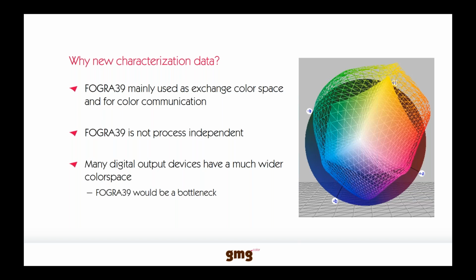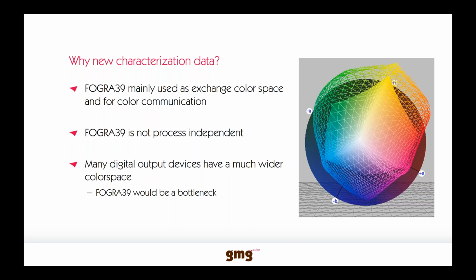So when facing digital machines as output conditions, FOGRA39 is too small, since digital machines often have a much wider color space, especially when they have additional inks. So when they print with more inks than just CMYK. Another point is that FOGRA39 is already outdated.